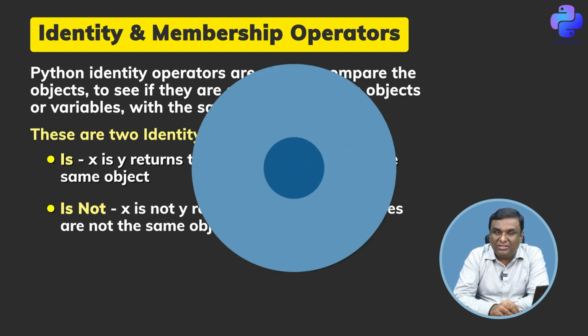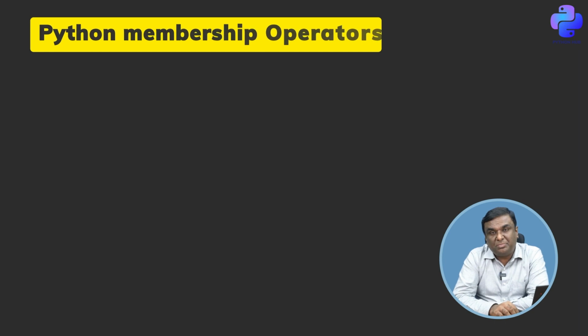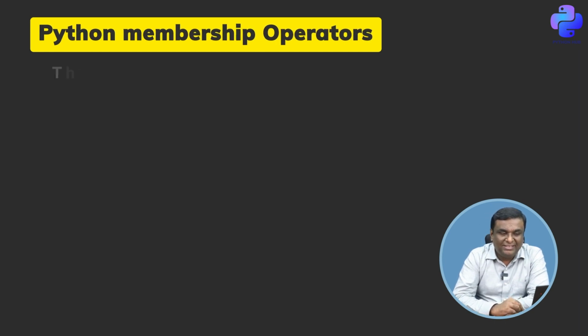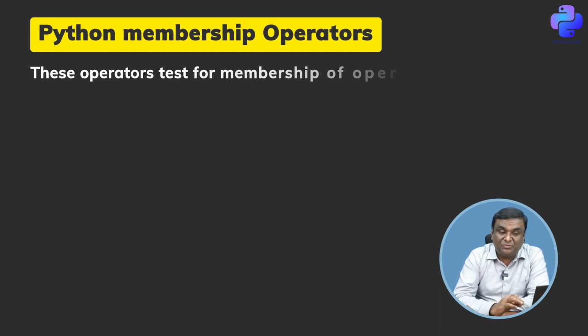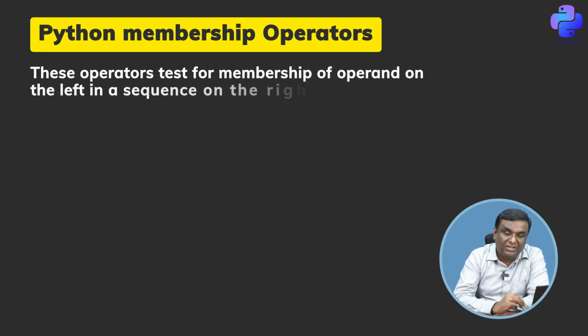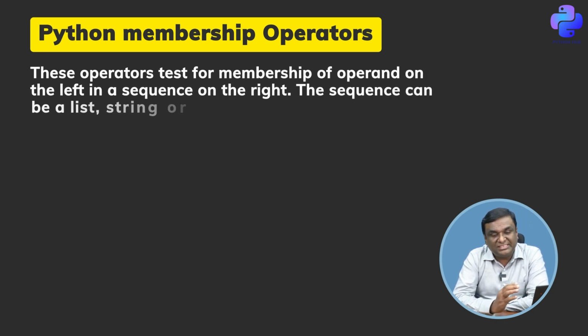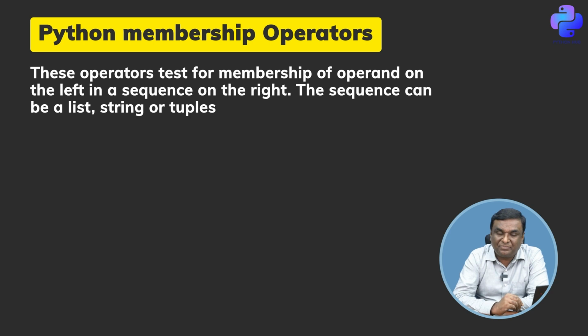Now moving on, we have Python membership operators. These operators primarily test for the membership of the operand on the left in a sequence on the right. The sequence can be a list, a string, or a tuple. These are some data structures which you are going to learn down the line in this program. But for now, let's assume that they are different data structures.